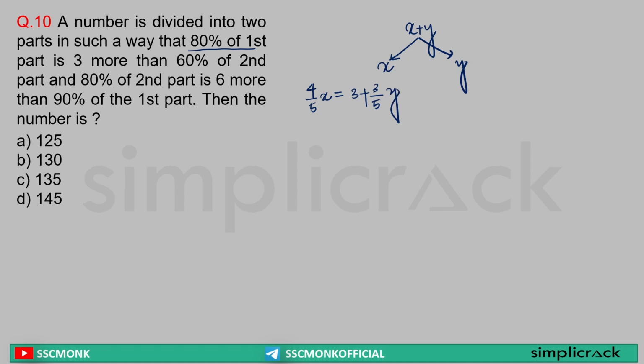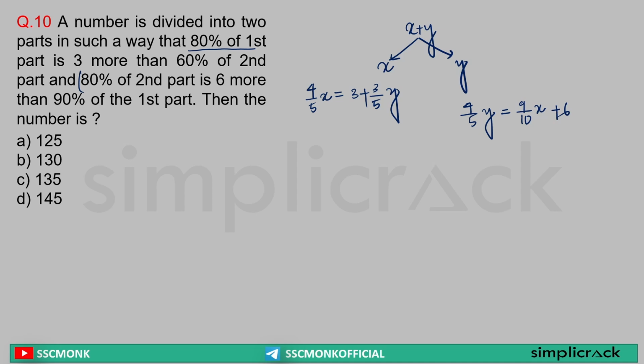Now second information, 80% of the second part. 80% of the second part is equal to what? 4 by 5 of y is 6 more than 90% of first part. 90% of first part can be written as 9 by 10 x plus 6 more. Clear?